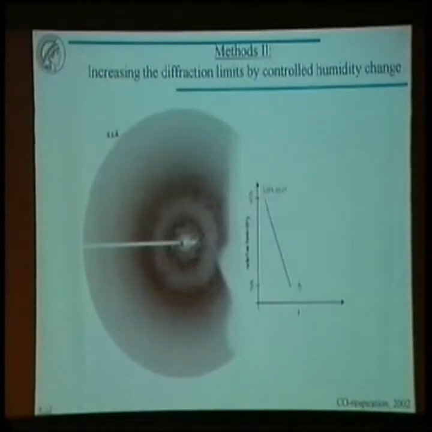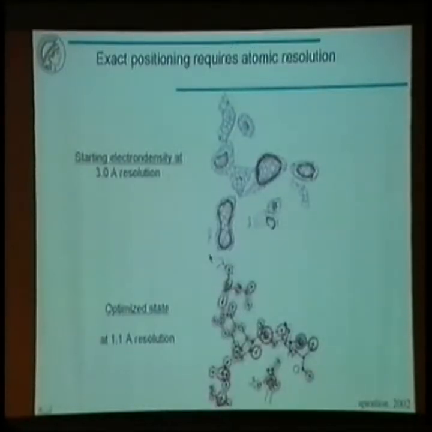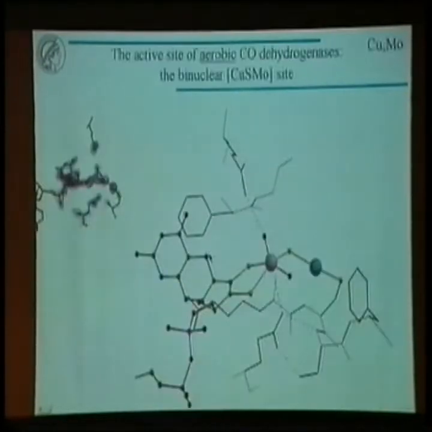Then we come to a plateau, almost have lost diffraction completely, and we go back to this optimal diffraction that we had found before and have now an almost perfect crystal with high resolution. Then we go back to the initial conditions where we found the crystals and we lose diffraction again. So high resolution is essential to do this kind of analysis.